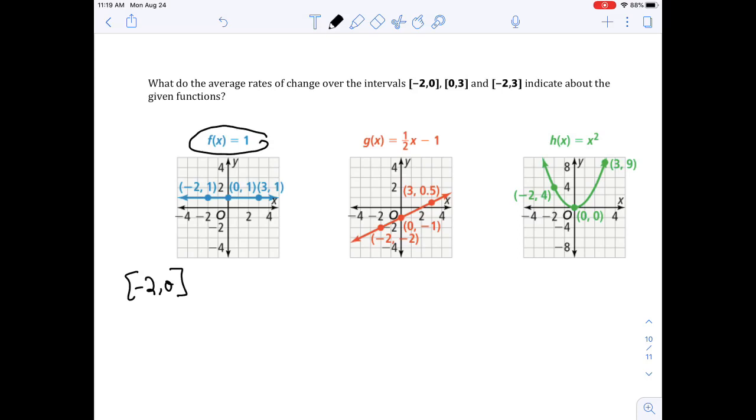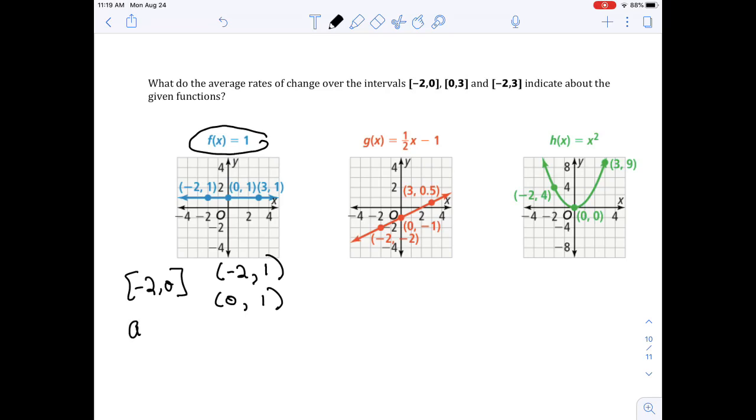Now here's the equation of the function, right? And so what we need from this is the ordered pair -2. If I look on the graph, -2 corresponds to 1. And 0 corresponds to 1.